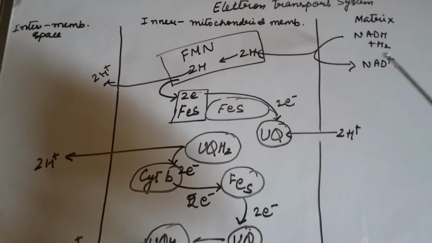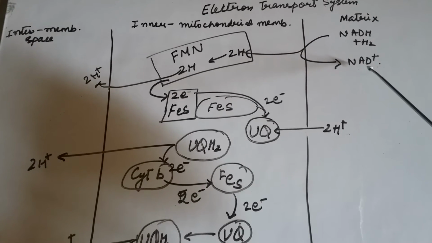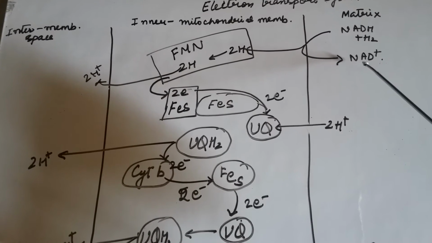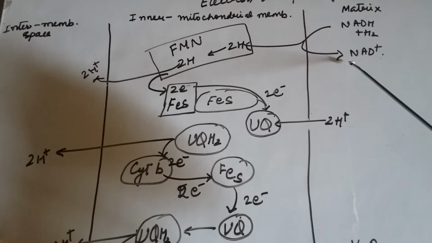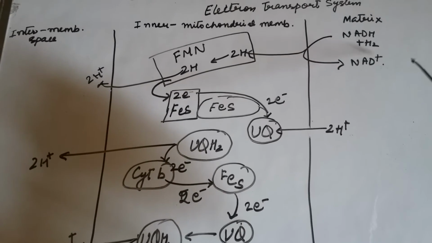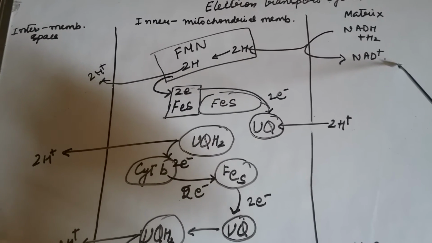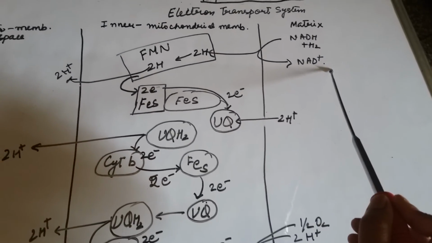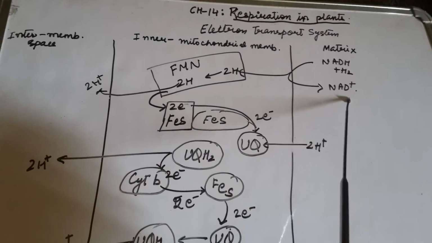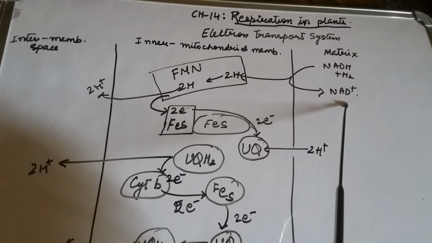Now, NADH is formed from NAD plus in the matrix of the mitochondria during the TCA cycle.